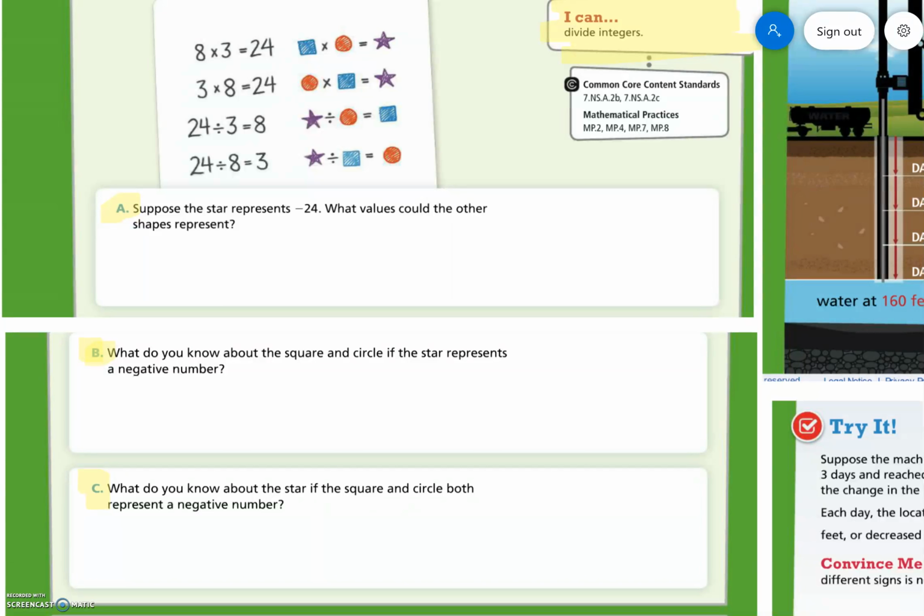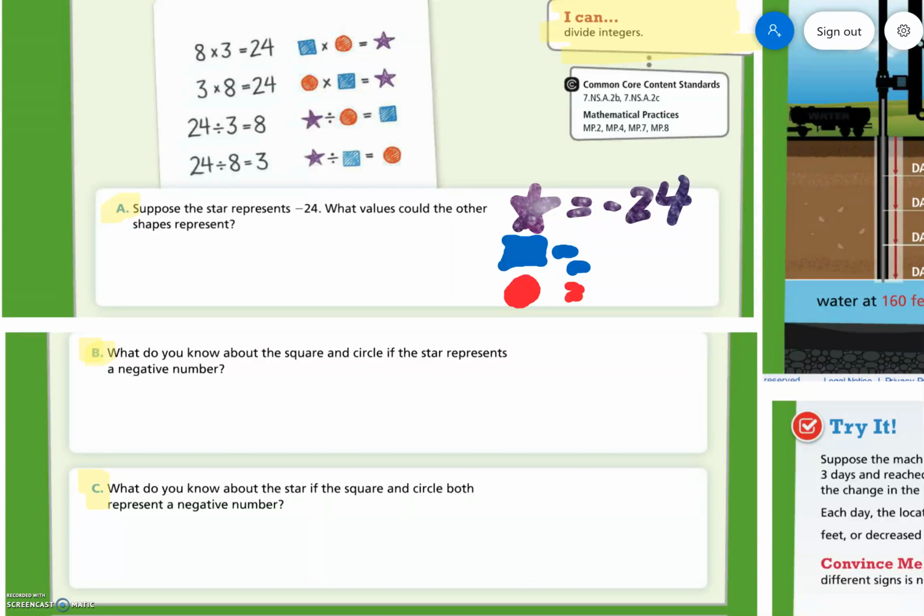Okay, if the star represents -24, so star equals -24. We've got to figure out what the blue square is and what the red circle is. Well, I need things that multiply to 24.